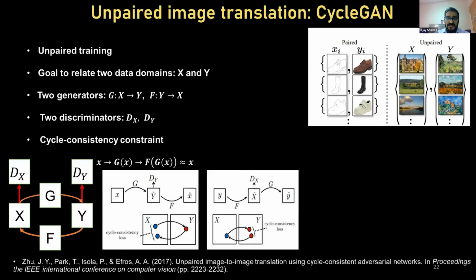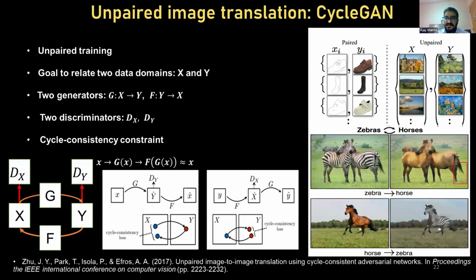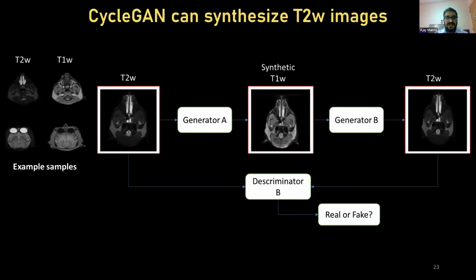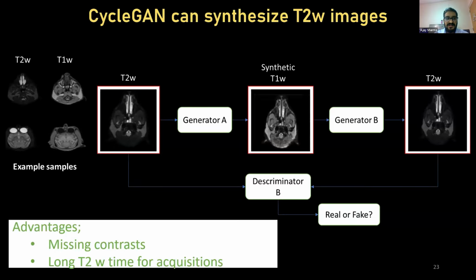As you see in computer vision, there are a lot of examples of unpaired image translation using CycleGAN and its variants, converting from one domain to another. We adopted this strategy initially for high field images, where high field T2 weighted was converted to T1 weighted for the optimization of parameters, and then we also adapted this to our low field studies.